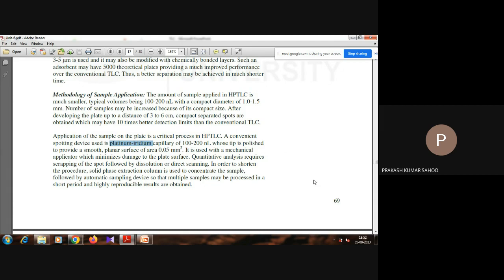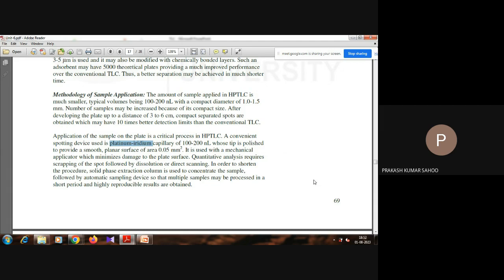The high performance is related to all the components of the system. It is related to the stationary phase having less than 5 micrometer particle size, and the thickness of this plate is 0.1 millimeter.